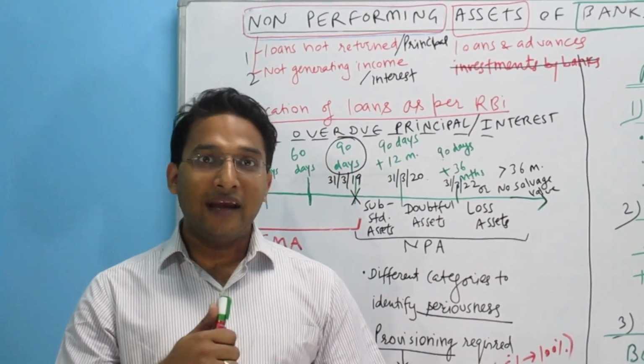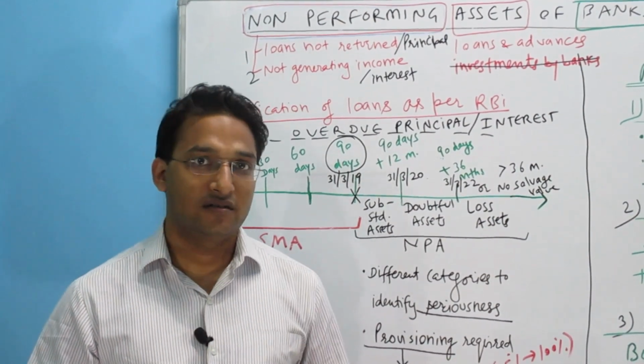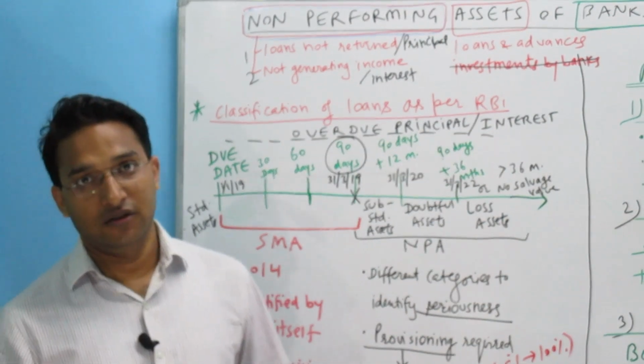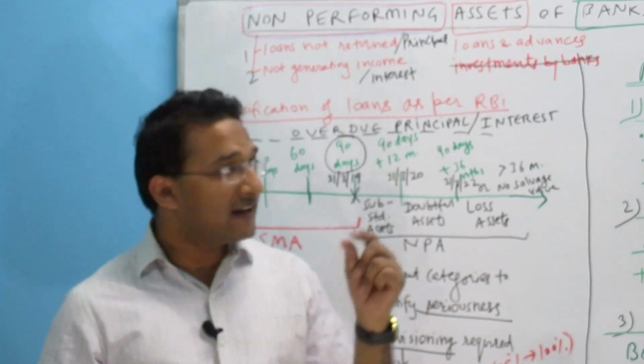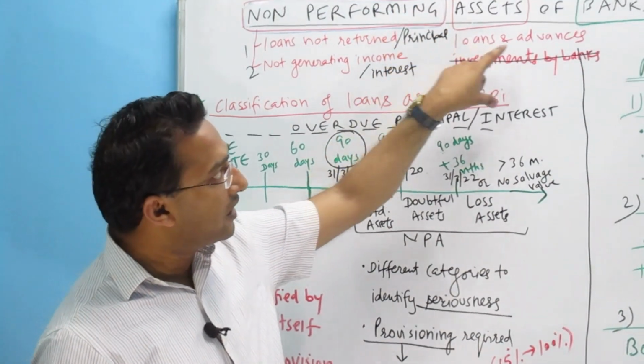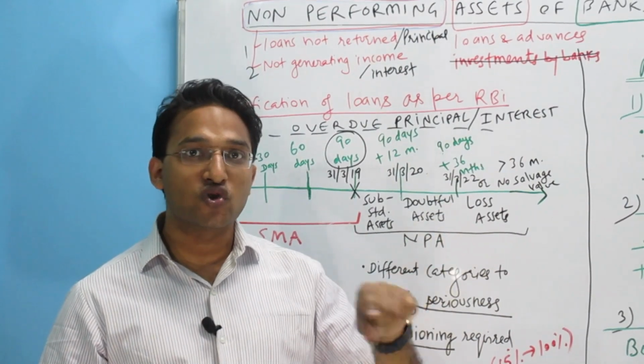Now, for a banking company or for a bank, what is the property from which it is going to earn the interest? So there can be two types of property with the bank. One is the loans and advances it gives to the customers. It will form the major source of income.